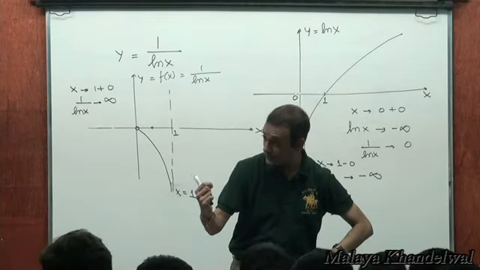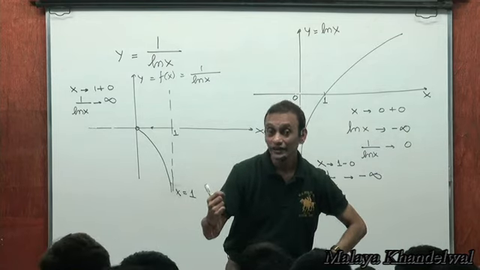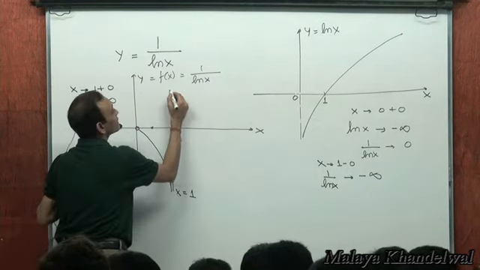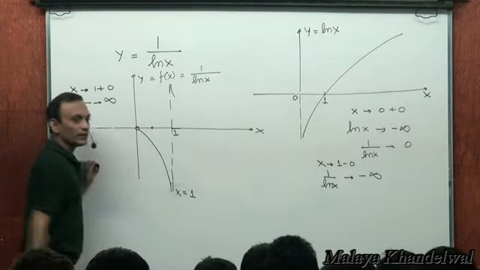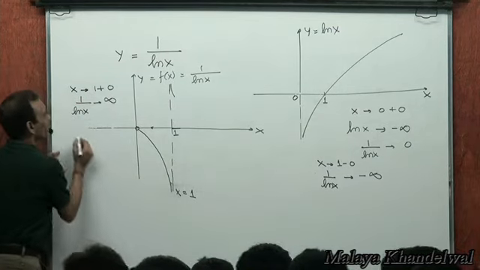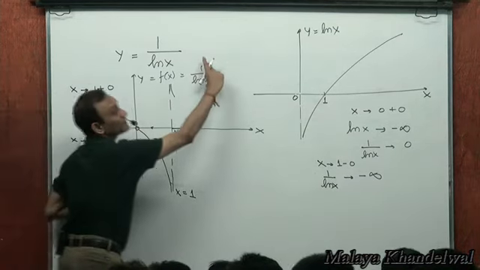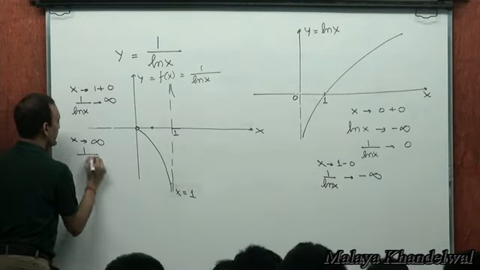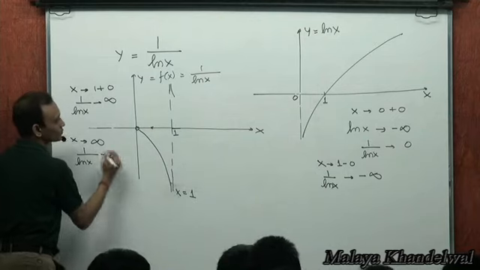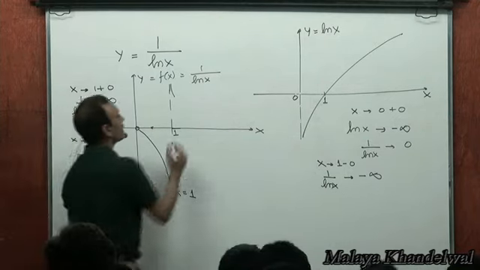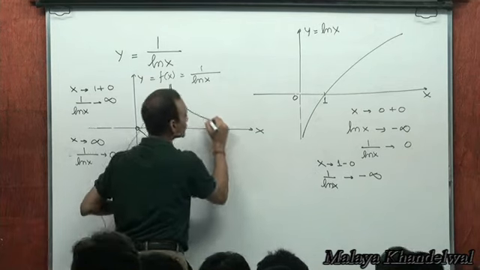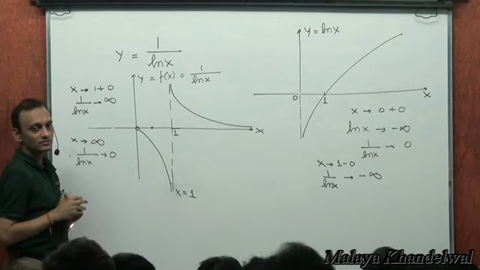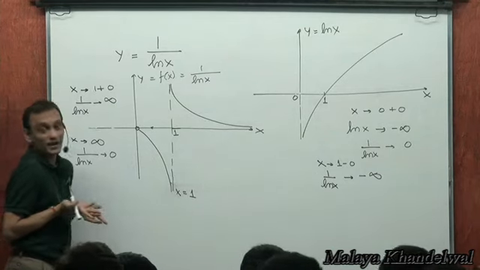So as x tends to 1 from the greater than 1 side, this tends to plus infinity, and as x tends to infinity, 1 by ln x would tend to 0, right? And therefore, this is the graph of 1 by ln x.